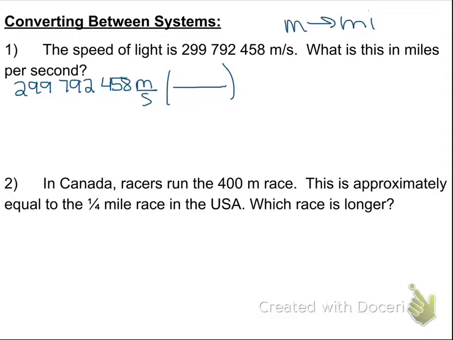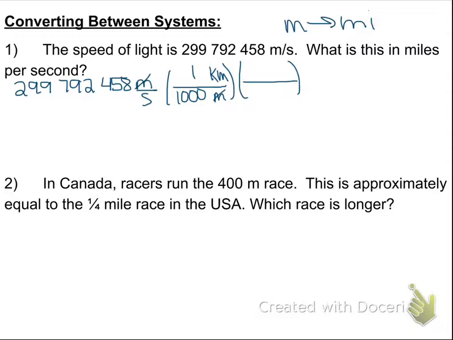We have meters on the top in the numerator here, so we know that it needs to be in the denominator inside this bracket, and we want to go to kilometers. And you should know by now that 1 kilometer is 1,000 meters. Remember, the only numbers that are allowed in our brackets are from our conversion tables. So our units of meters would cancel out, but we don't want to be left with meters.